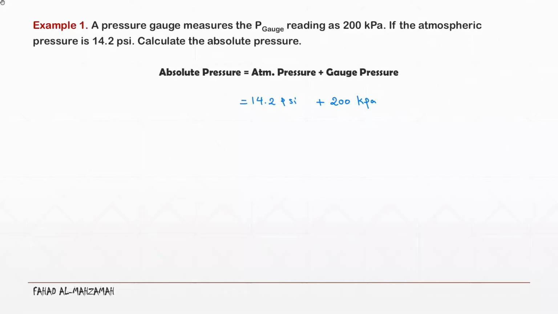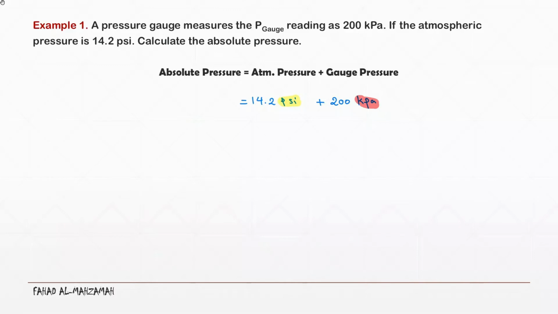Well, you cannot add or subtract unless both units are exactly the same, or we call it consistent. So you cannot add psi with kilopascal. So you need to convert one to the other.